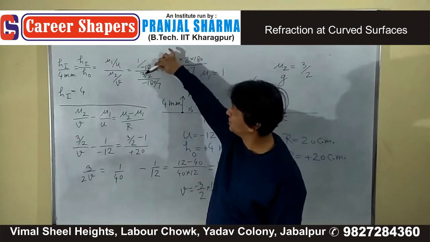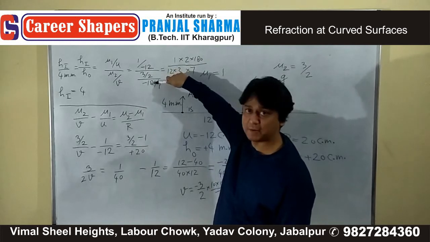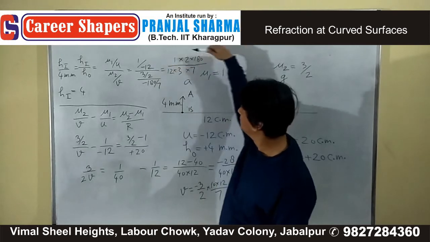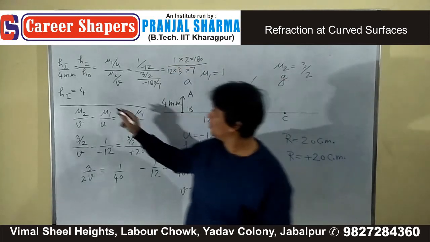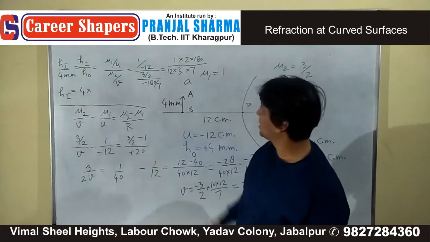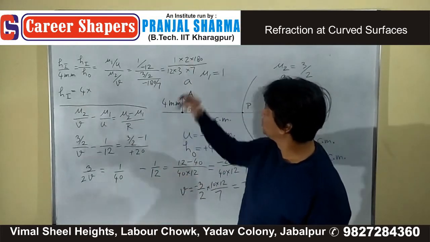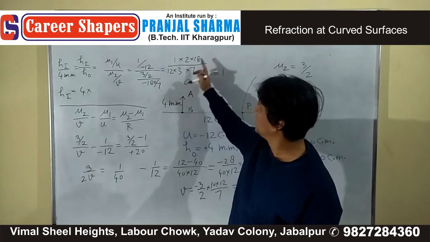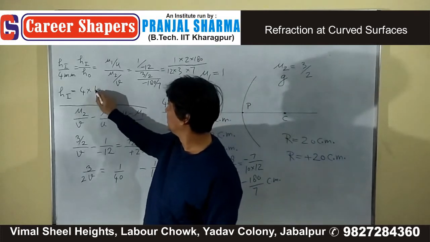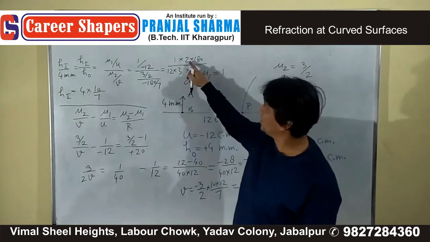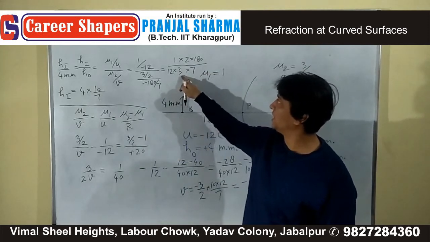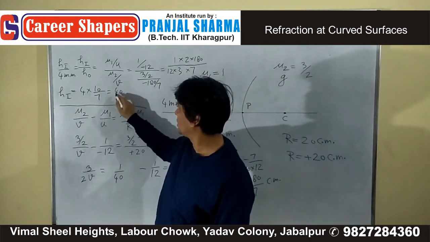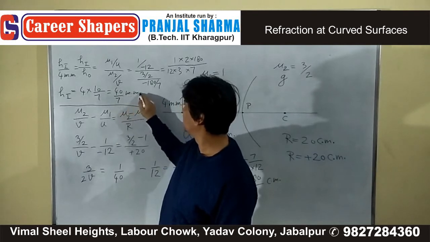Remember like this, the 2 appears in the numerator, 180 divided by 7. So your HI is 4 multiplied by this whole thing, which comes to 40 divided by 7 mm.